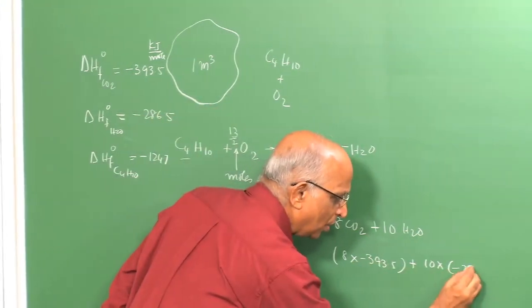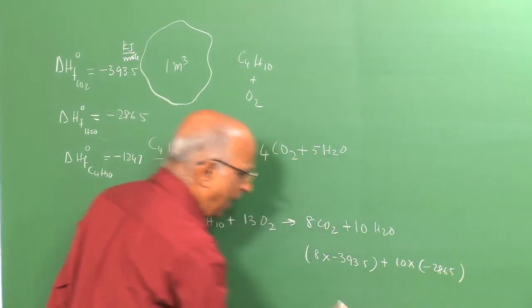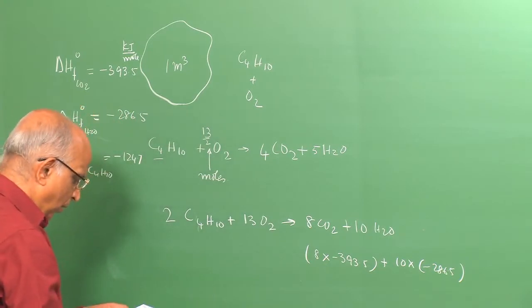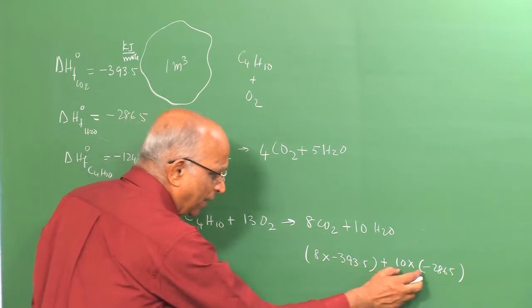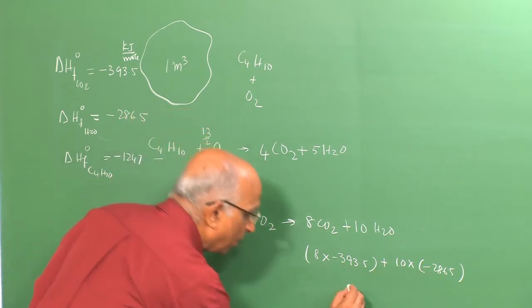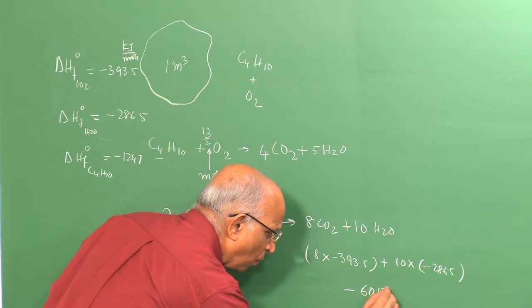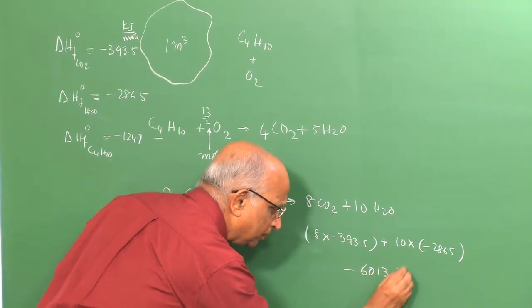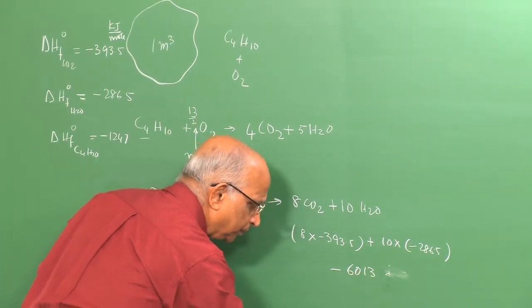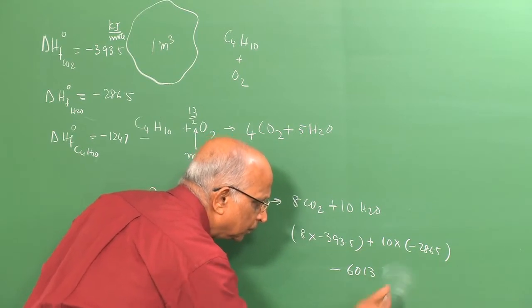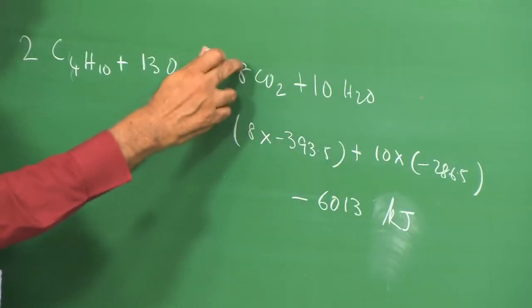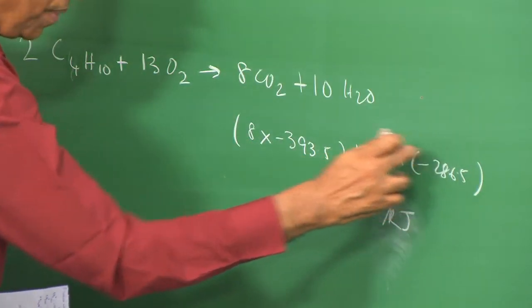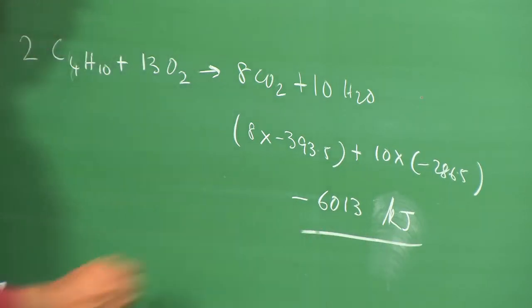This works out to be, 8 fours are 32 and so on, minus 6013 kilojoules. Mind you, this is kilojoule per mole into 8 moles, and kilojoule per mole into 10 moles. This is the heat of formation of the products. How about the reactants?